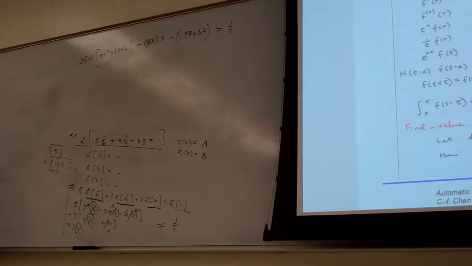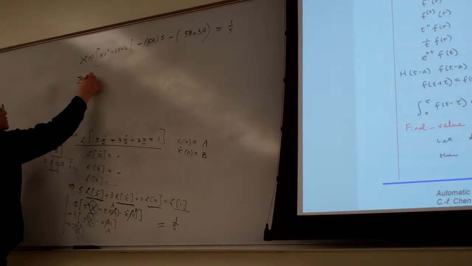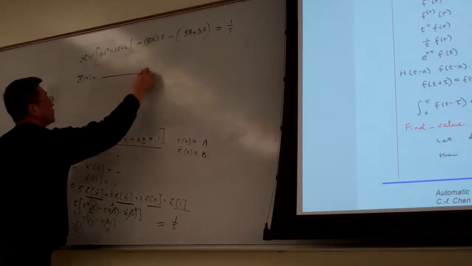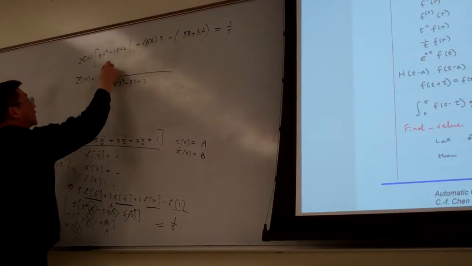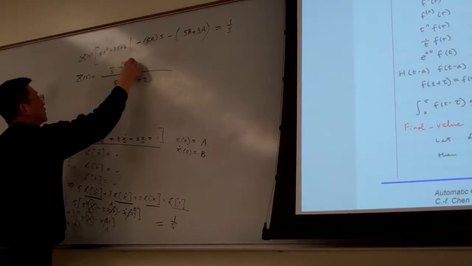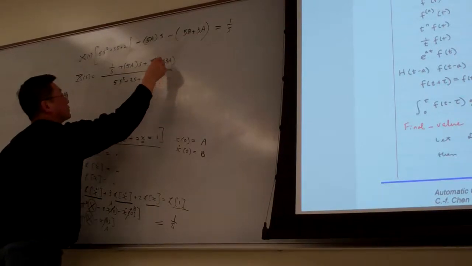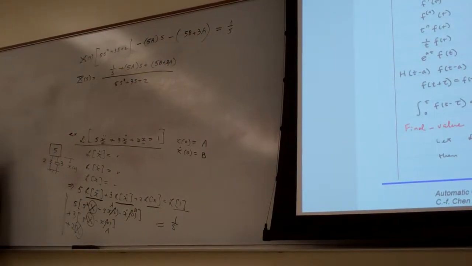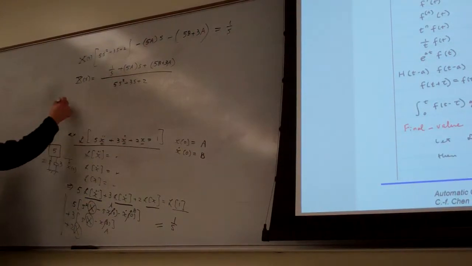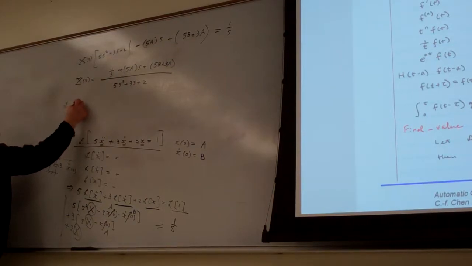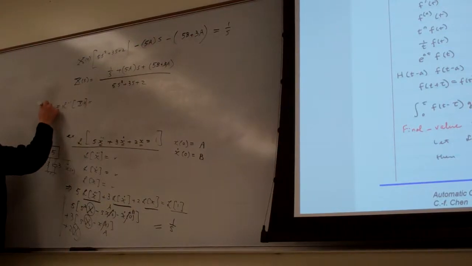Okay? So in this way, we can have X of s, which will be equal to 1 over s plus 5a s plus 5b plus 3a, all divided by 5 s squared plus 3 s plus 2. You good? Okay. So the next step is to simply take the inverse Laplace transform of capital X, which by definition is x of t.